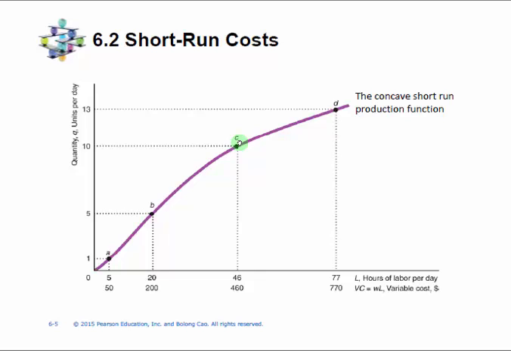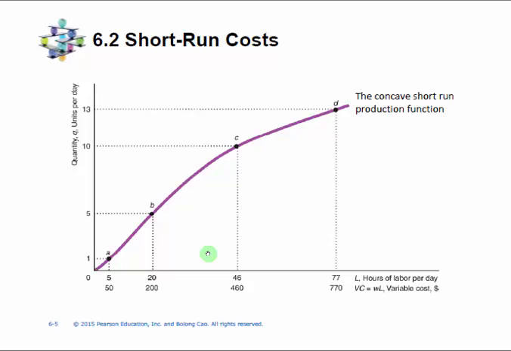So let's say I add 100 workers per hour and I produce 200 more units. And then I add another 100 workers per hour of labor input, and I only get 150 produced.